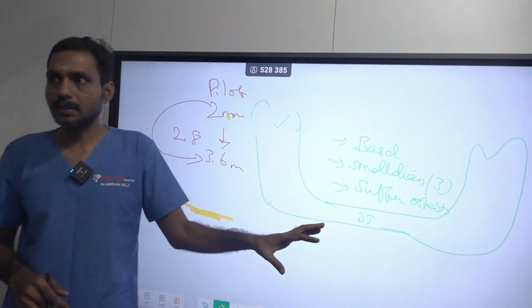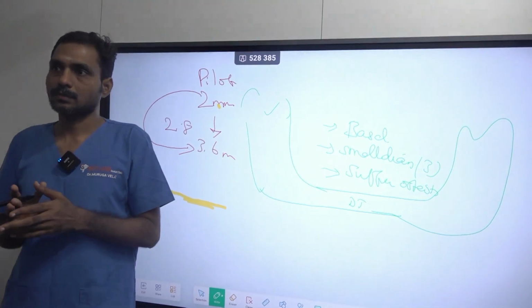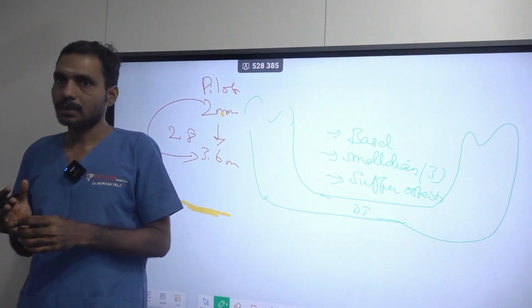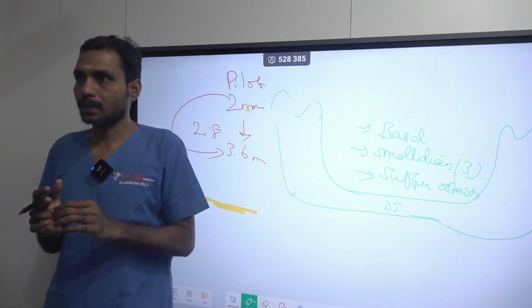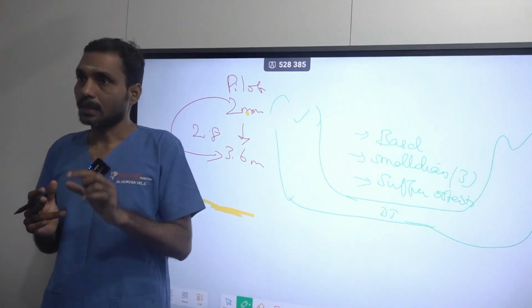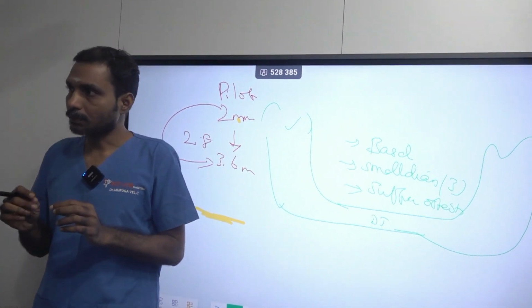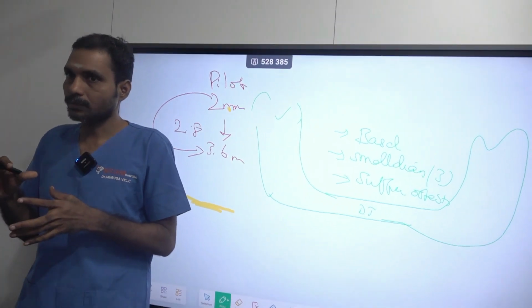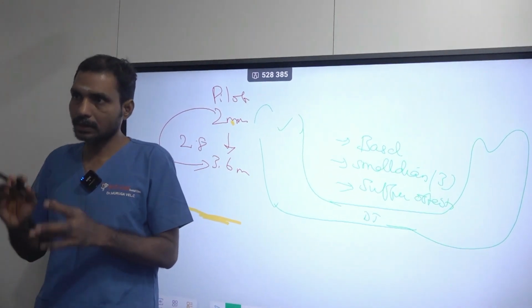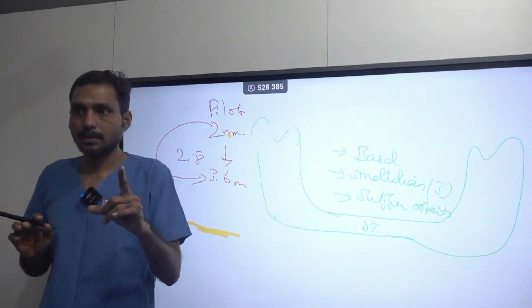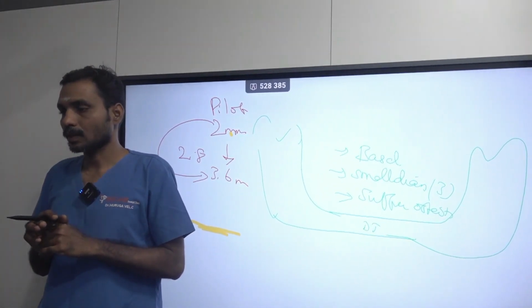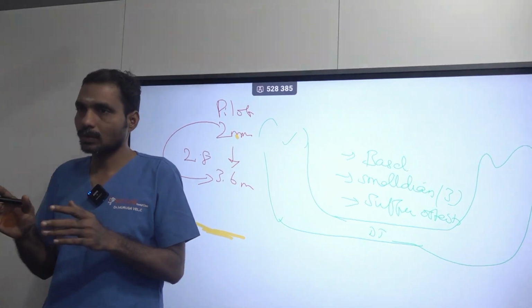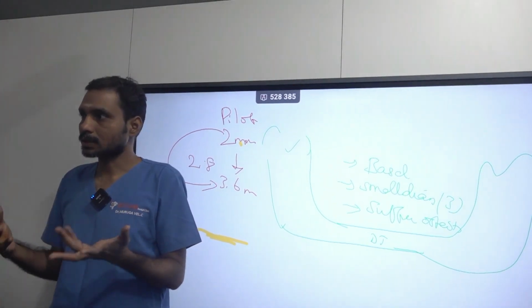So whenever the bone is dense, we should be very careful. We have to select the proper design, proper diameter, minimal height, and sufficient drilling. And during implant insertion, we should be very careful. If you feel it is getting tightened very soon, remove it, drill again, then place it again. Otherwise, the implant will break. The other day we were discussing D1, D2 cases, I was discussing this kind of case.